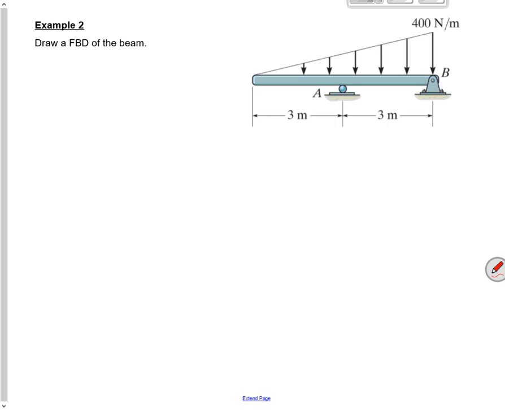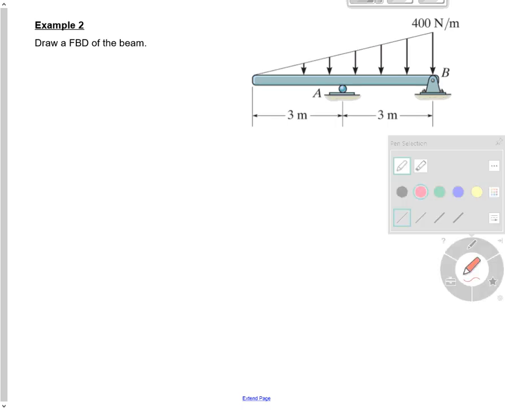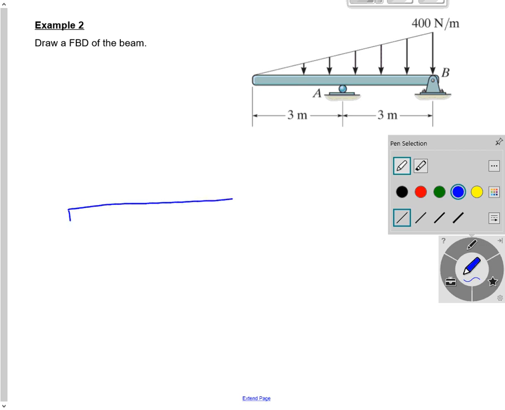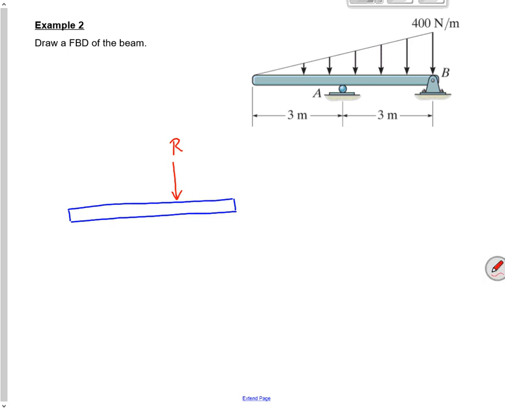Let's try another one. Here's a beam. It's got an applied load. This applied load is a distributed load. It's triangular. So where's that going to be? We'll call that the resultant force.